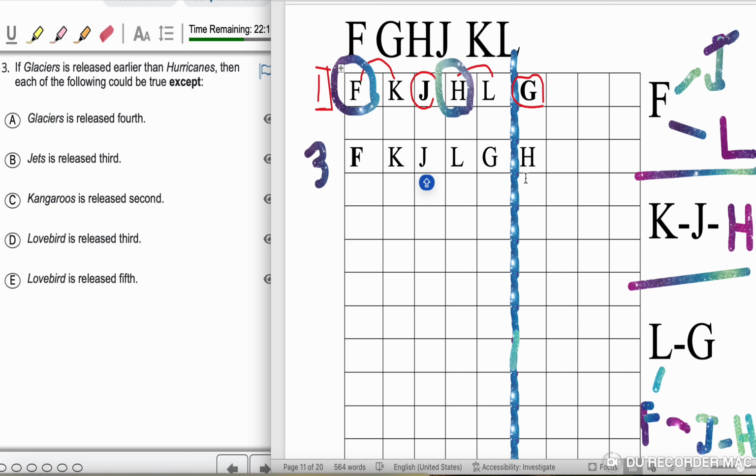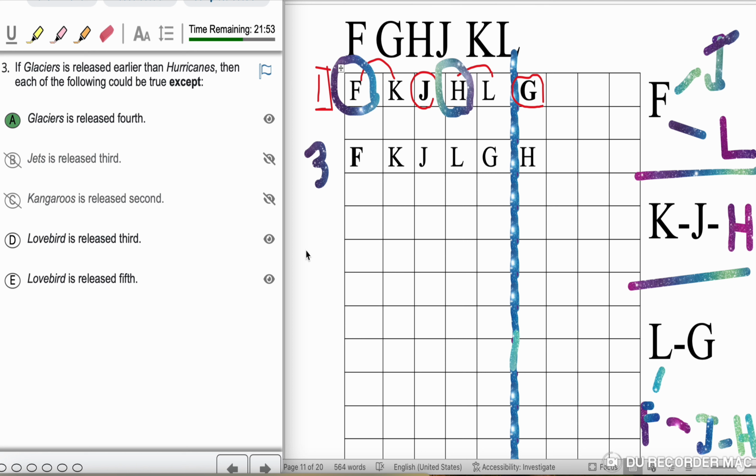So let's go ahead and see from this world which could be true except. G is released fourth. If G gets released fourth, that means it's going to be putting the L's, so that's not going to happen. So let me see, take out J is 3, K is second, L is third. Can L be third?